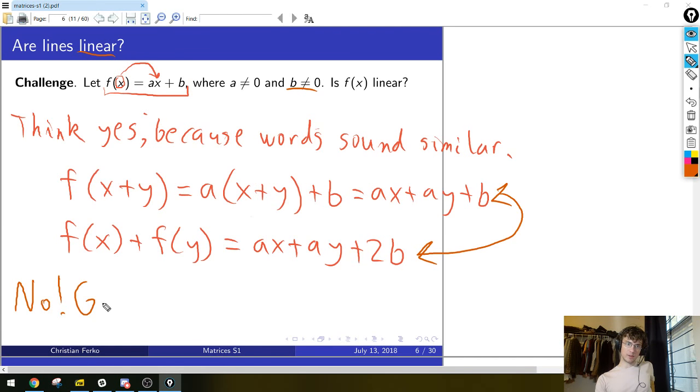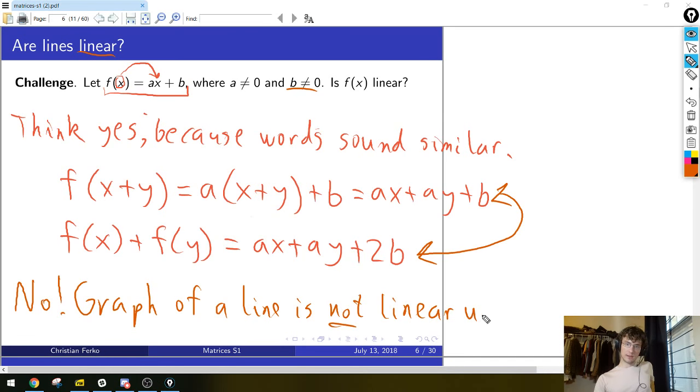So let me just write that explicitly. The graph of a line, y equals ax plus b or mx plus b, is not linear. Unless, of course, b equals 0. So if your y-intercept vanishes, then it's linear.